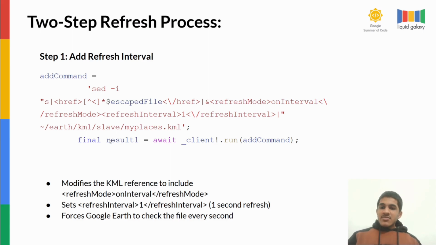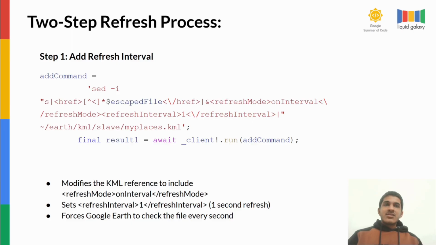Here it modifies the KML reference to include a refresh mode container. This command adds a refresh mode container into our old KML file, and then it sets a refresh interval to 1 second. It also adds a refresh interval container to our KML file.